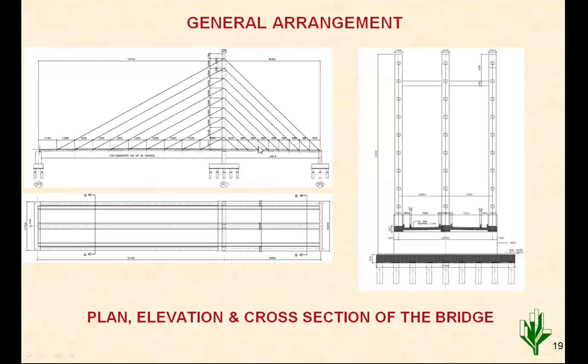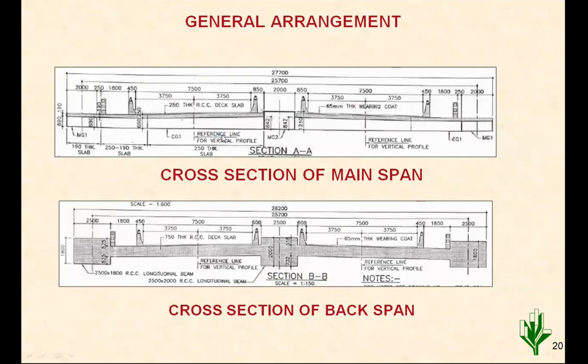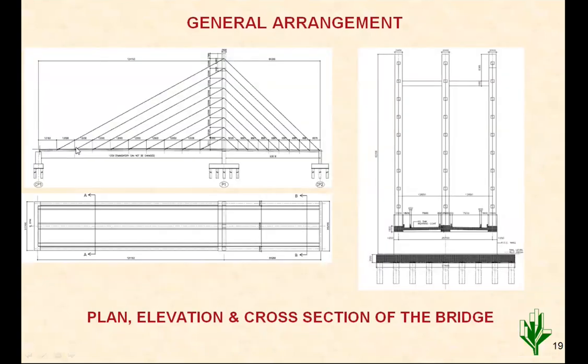So there are two advantages: the unbalanced force is minimum because of the lighter weight of steel sections, and the backside having the heavier concrete section balances the weight to some extent. And the pylon above the deck level is totally steel, so this portion is totally steel, and this is a steel composite deck, and then the integral span is provided beside that.